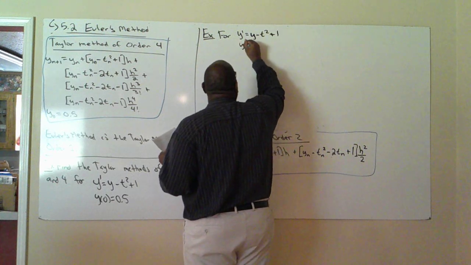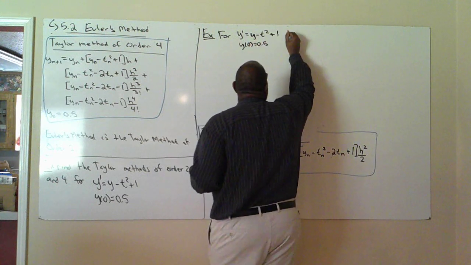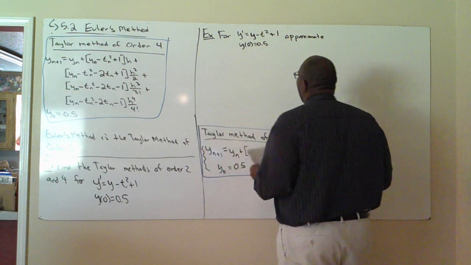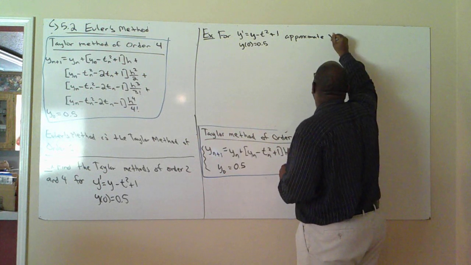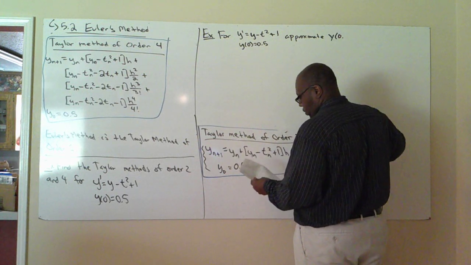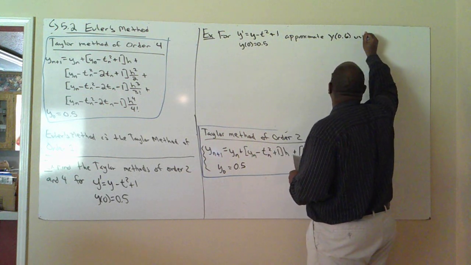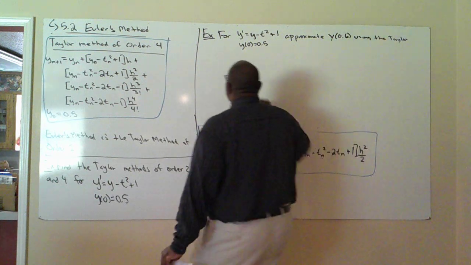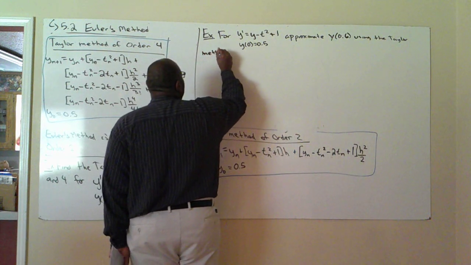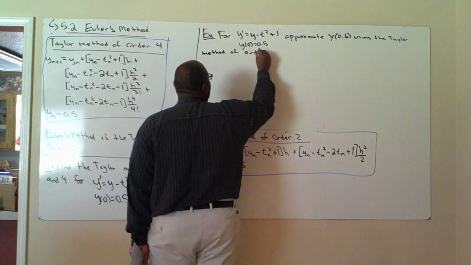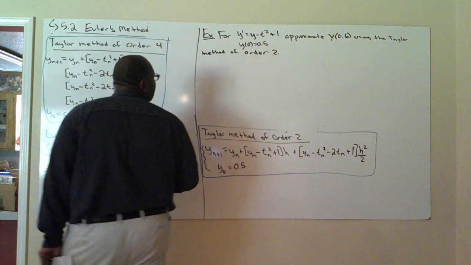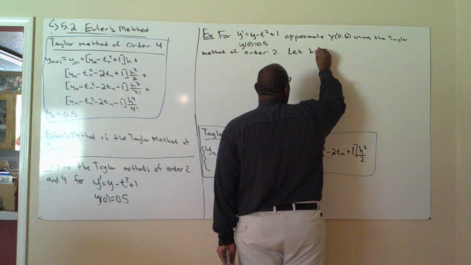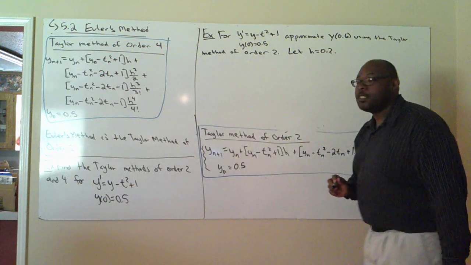Our initial value problem, y of 0 is equal to 0.5. Approximate, let's just say, y of 0.6 using the Taylor method of order 2. And we'll let our h be equal to 0.2.